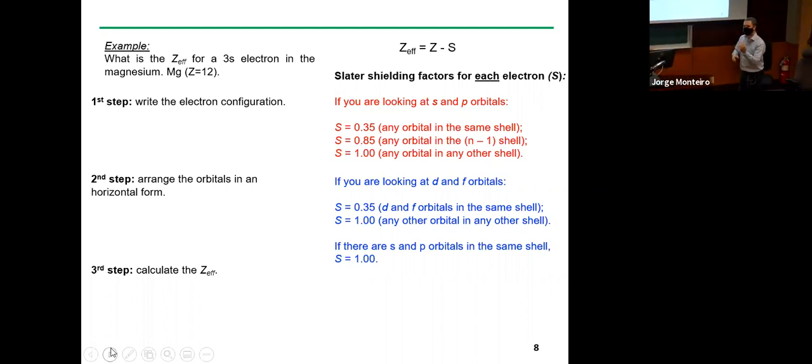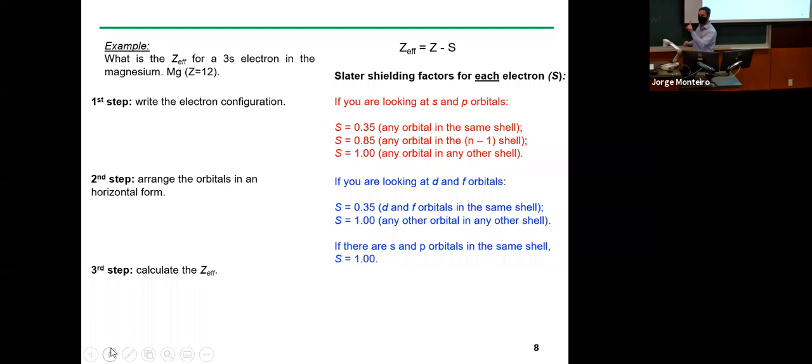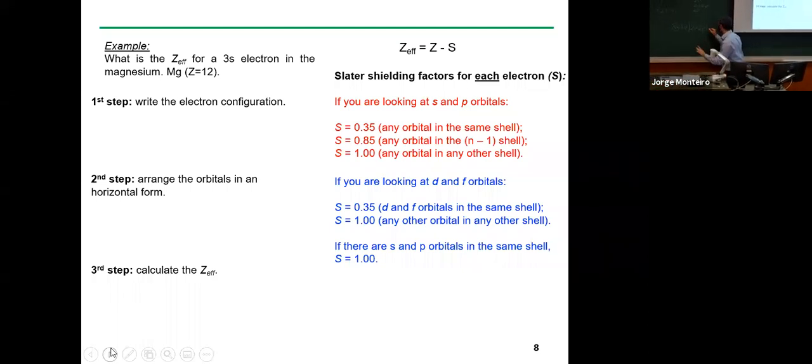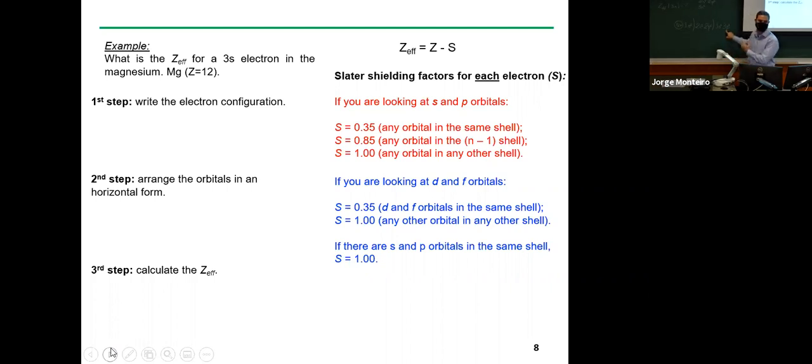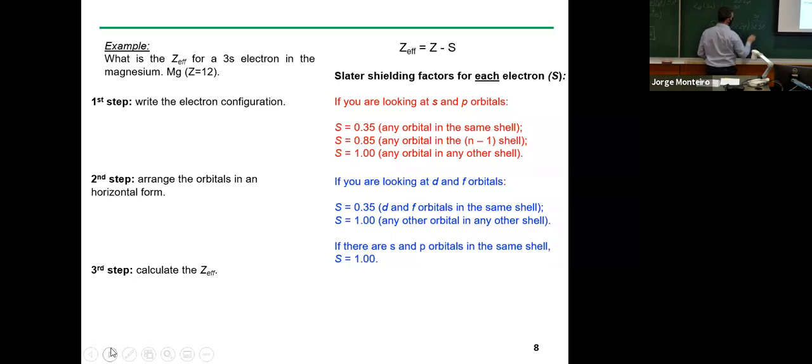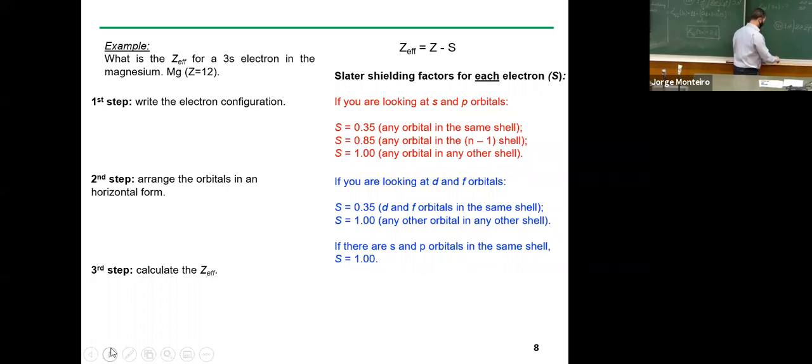We have 2 electrons in the 3s orbital, but we are looking at the effective nuclear charge on just 1. So just to make a better example, what I'm going to do here is write 3s1, okay? And we are going to look at the very last electron. So this here came from 3s2. And we are looking at the effective nuclear charge on that very last electron.